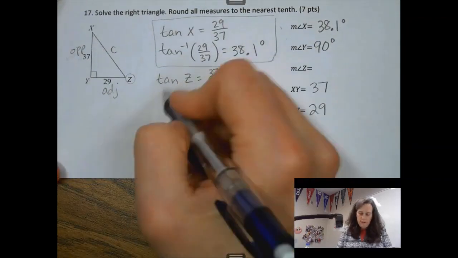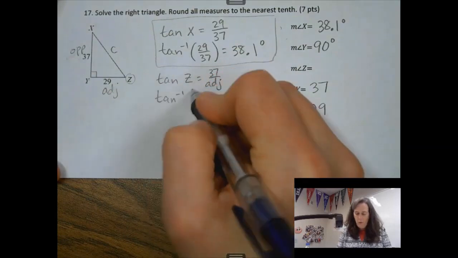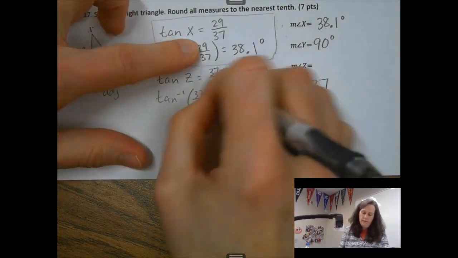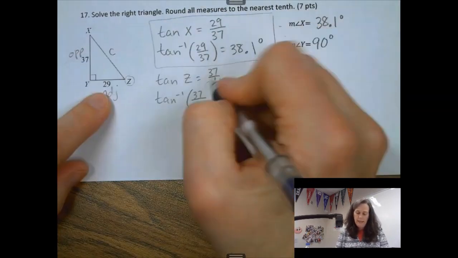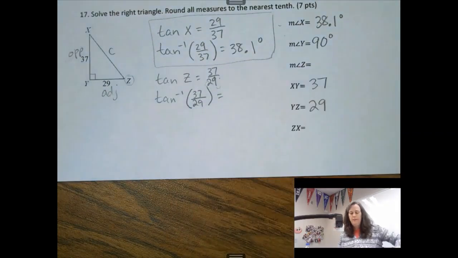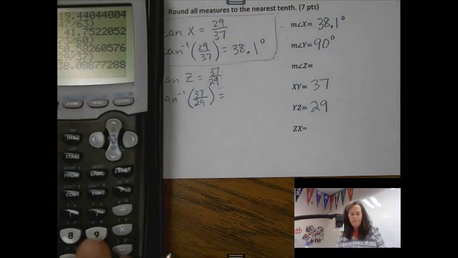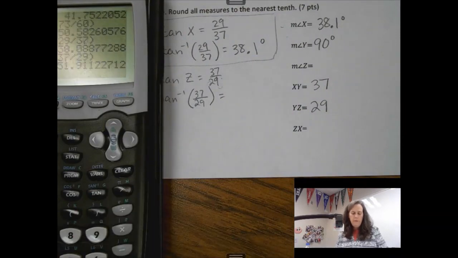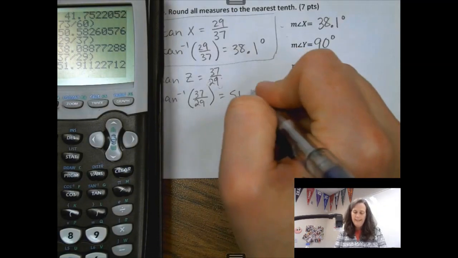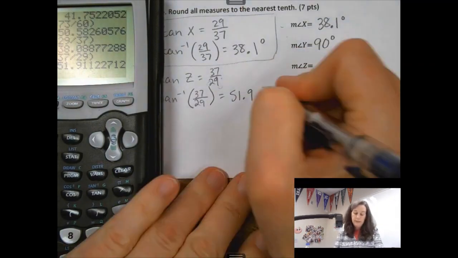Got to do the inverse. Tangent to the -1. Oh, I wrote adjacent? Shoot, 29. Okay, over 29 equals 37 divided by 29. All right, did you get 51.9 right there? Degrees.